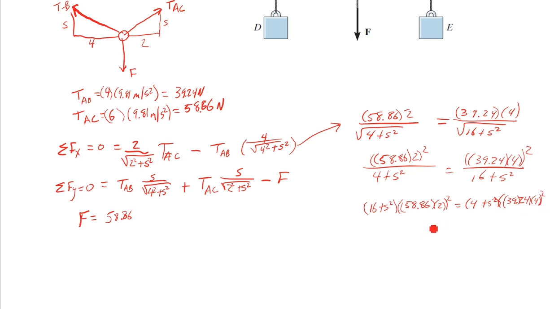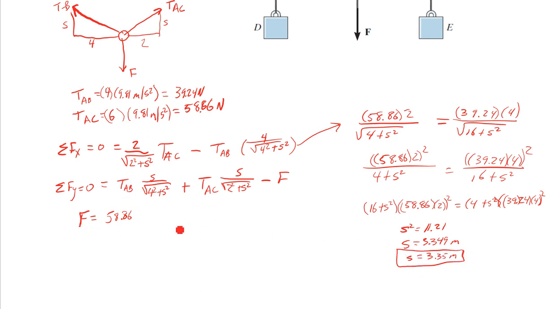So if I solve that out, I get S squared equals 11.21. So S is 3.349 meters. So 3.35 meters.